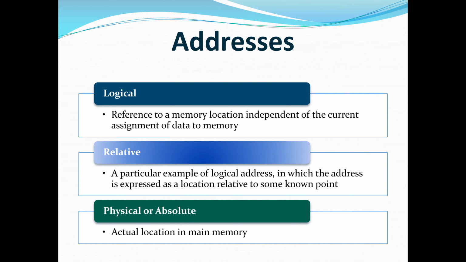The relative address is a particular example of a logical address in which the address is expressed as a location relative to some known point. Then we have the physical or absolute address, which is the actual location in main memory.